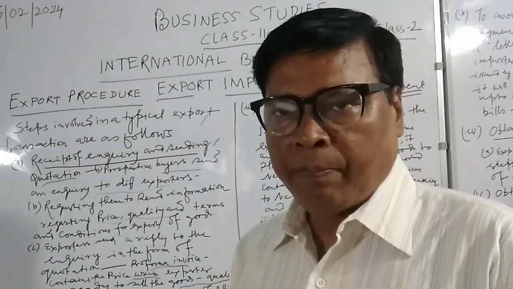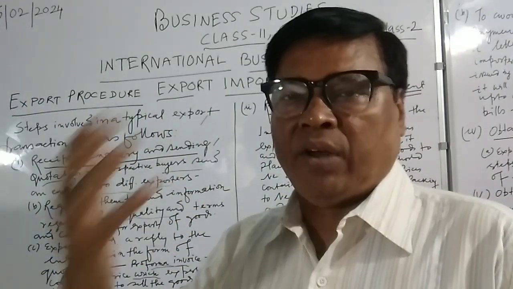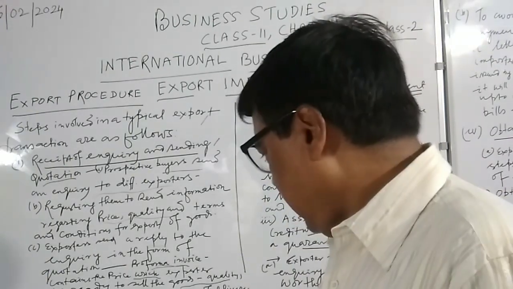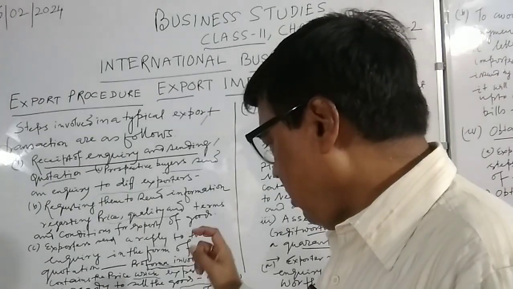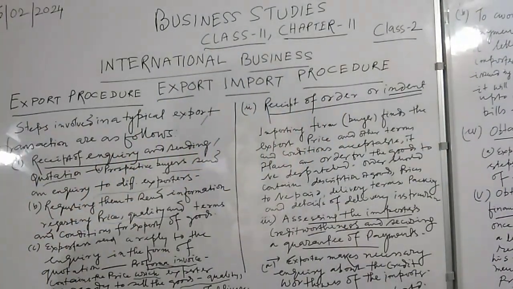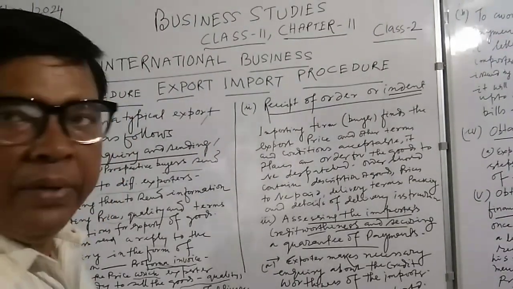The exporting firm sitting in India replies in the form of a pro forma invoice containing all the details of the material: quantity, quality, grade, size, weight, mode of delivery.